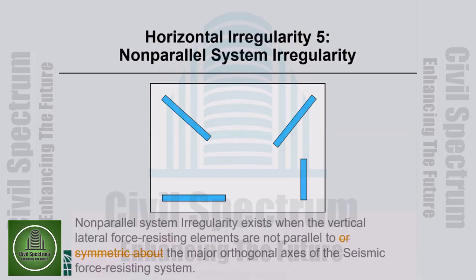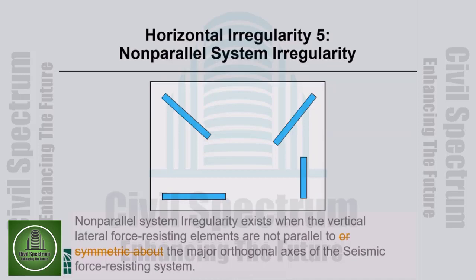Anytime you have shear walls or resisting systems that are not parallel to the orthogonal axis, when vertical lateral force resisting elements are not parallel to the major orthogonal axis, whenever they are non-parallel, you have type 5 irregularity.